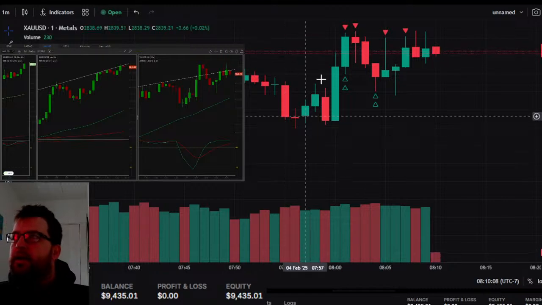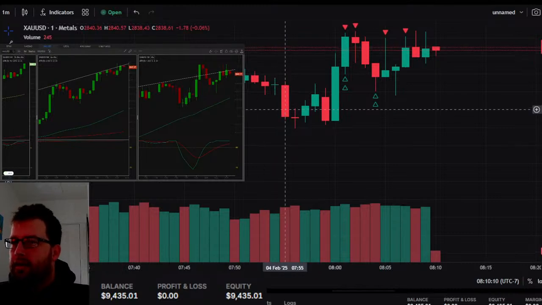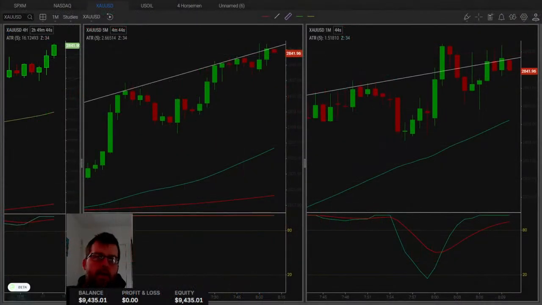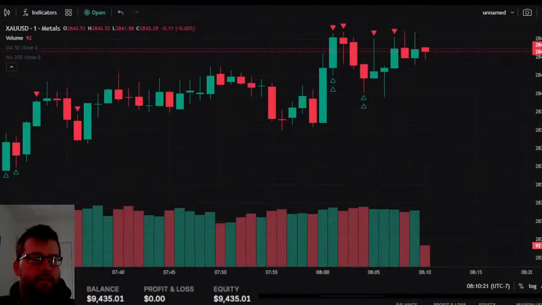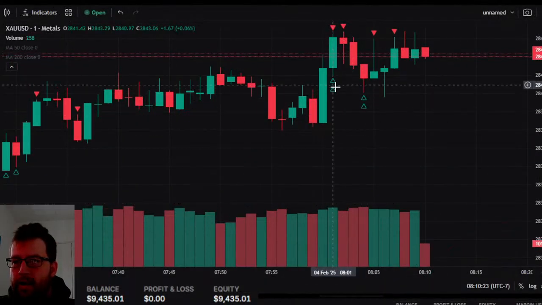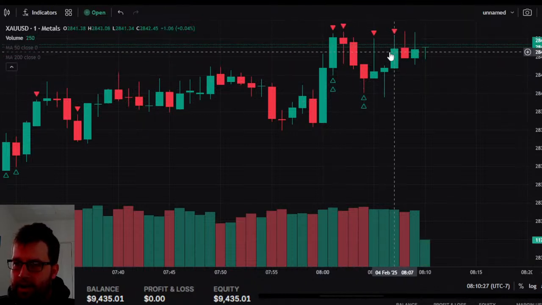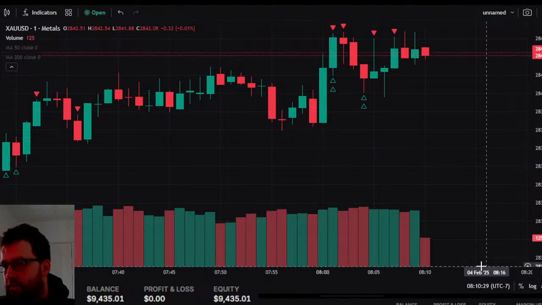I'll do it later, because then I have to do it on all three of my screens. But yeah, so we've taken a few trades. Went long here, sold it higher, went long here, sold it higher. So a couple good trades today.